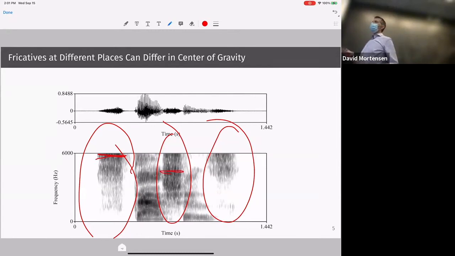Some fricatives have relatively low centers of gravity, like the th and f sounds. These are relatively low frequency fricatives in the sense that the energy from the noise is relatively low in the spectrogram. You can't really tell this from the waveform, but you can from the spectrogram.